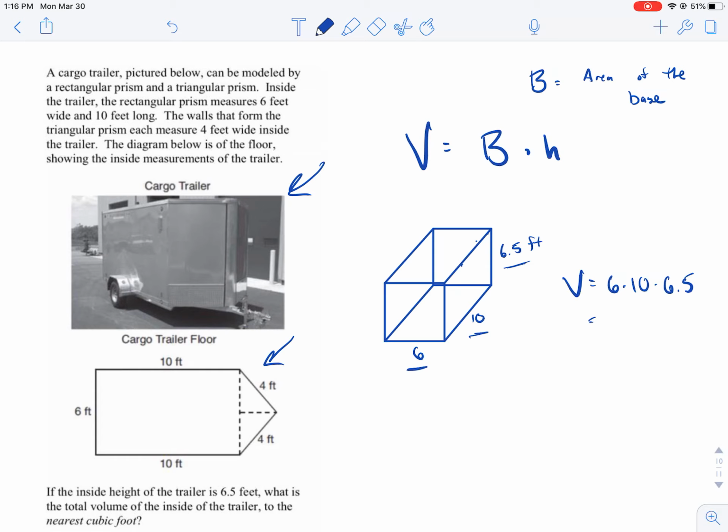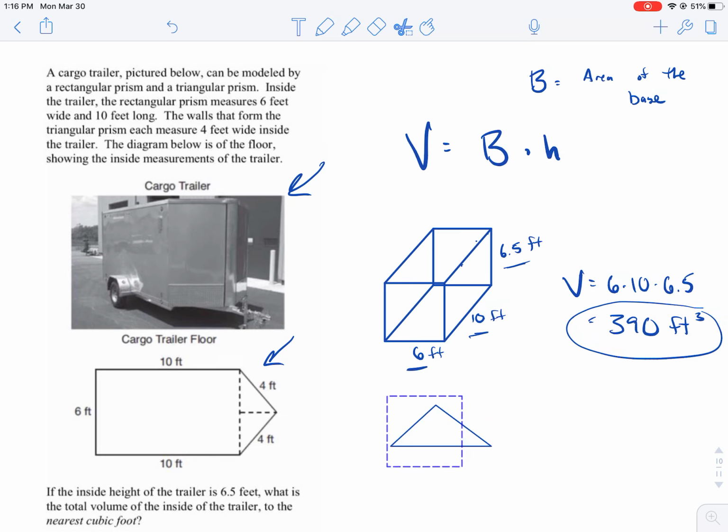So to find the volume of this rectangular prism, it's 6 times 10 times 6.5, which is equal to 390 feet cubed. Okay? 390 feet cubed. So now we need to take this and add it to the volume of that triangular prism.